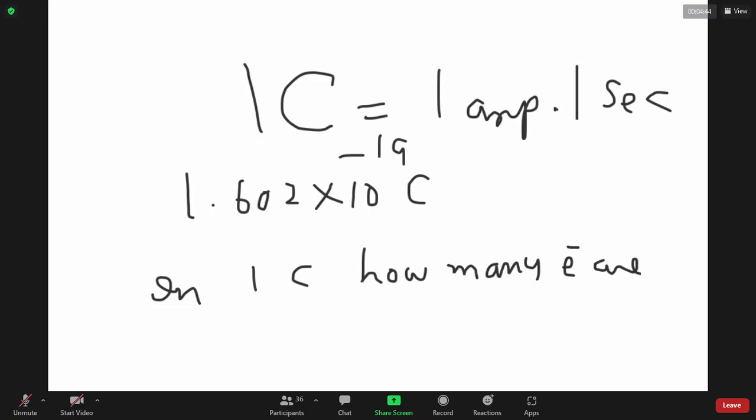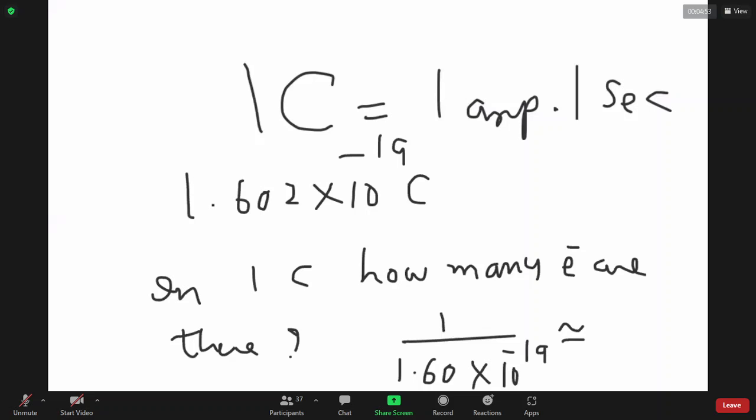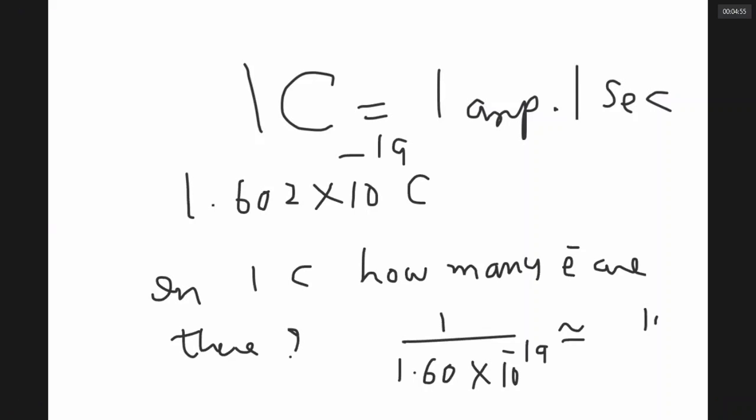One divided by 1.602 into 10 to the power minus 19, approximately. So when you are passing 1 ampere current in 1 second, as many as 6 into 10 to the power 18 electrons are flowing in the circuit in 1 second.